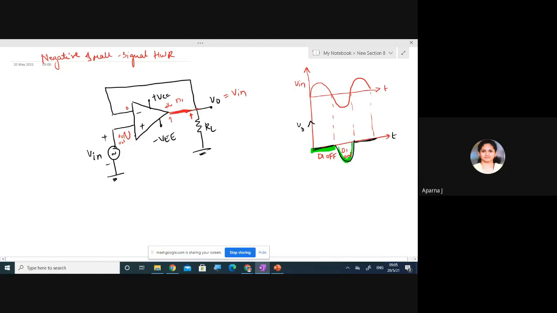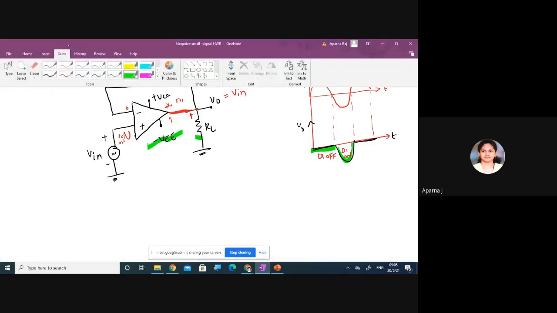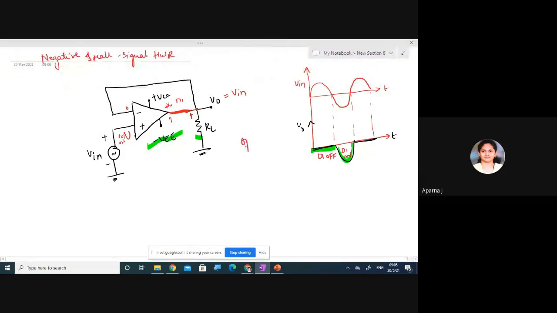Okay, so this is what we have about the half wave rectifier, and you have only the half wave rectifier, so the full wave rectifier is not there for you. Now here there is one disadvantage, that it is continuously switching between open loop and closed loop, both the circuits.